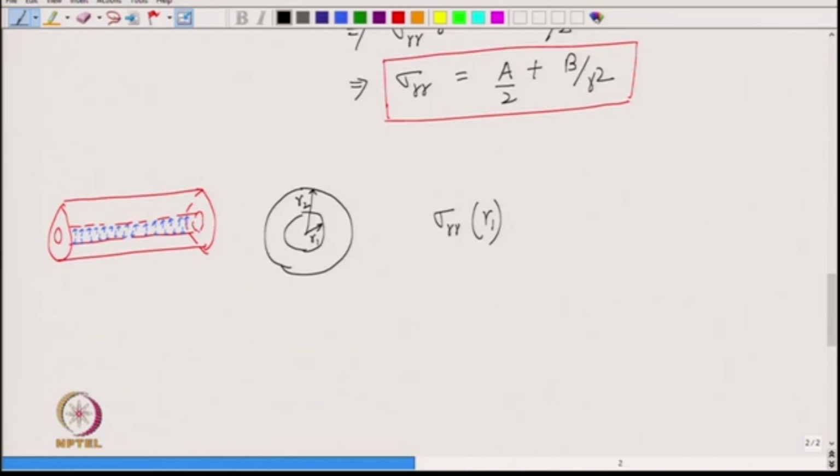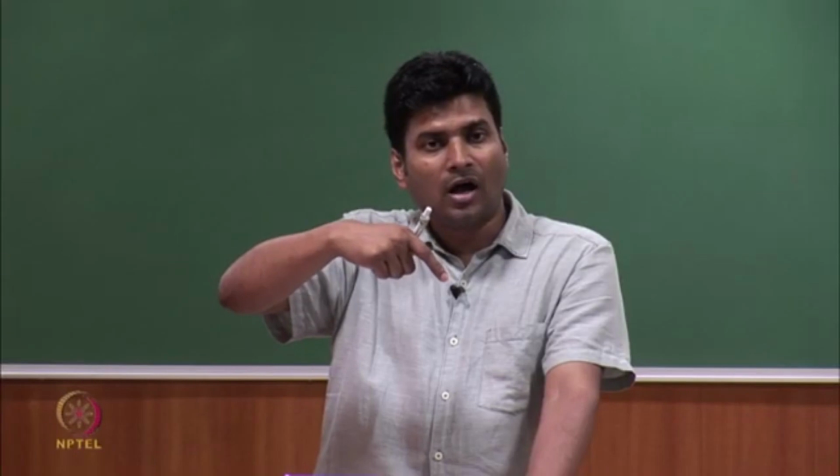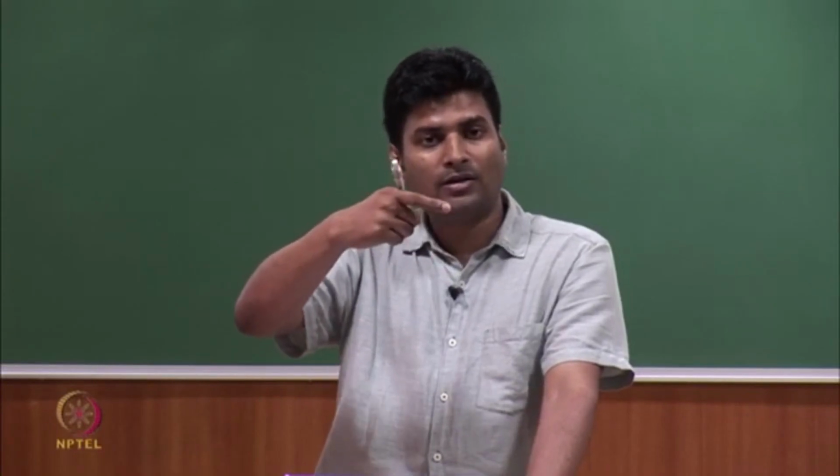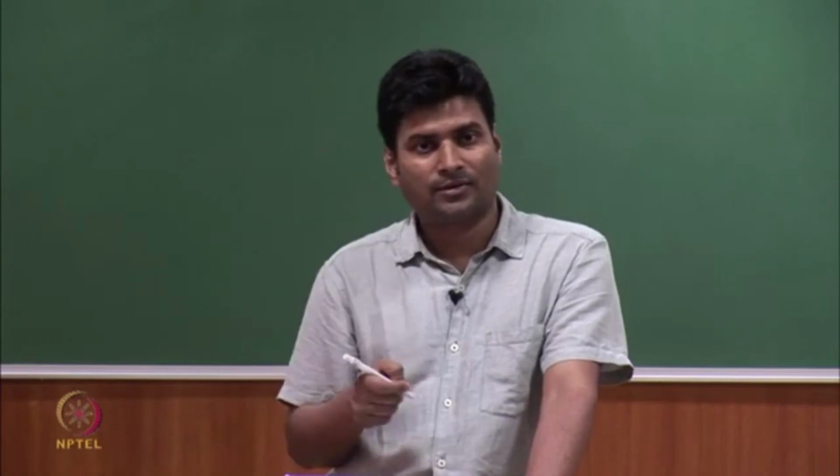So, the stress or traction components on that surface will be pointing in the negative direction. So, sigma r r will be pointing in the negative E r direction. Likewise, tau theta r and tau z r will be pointing in the negative directions.